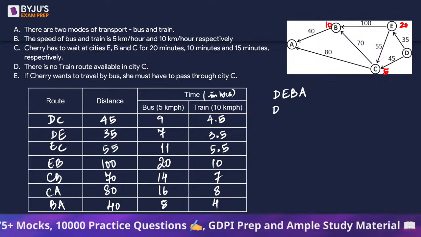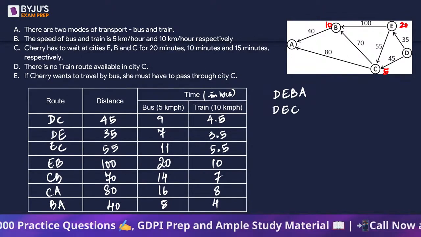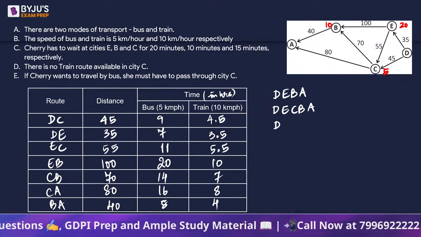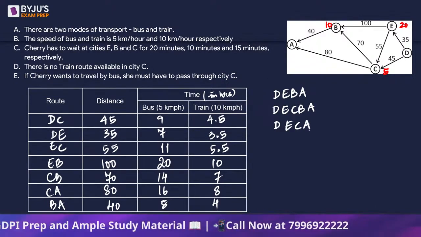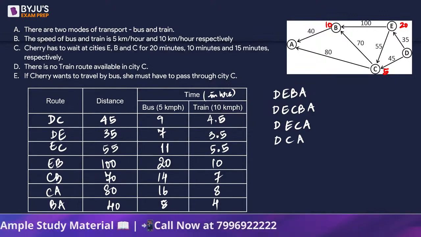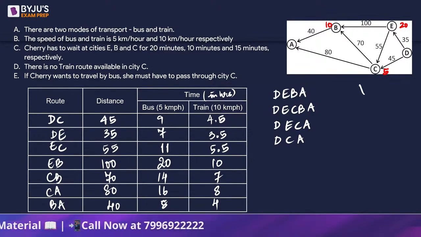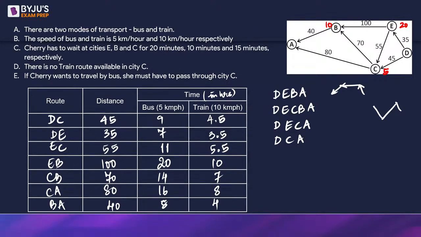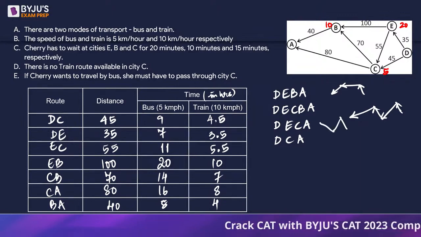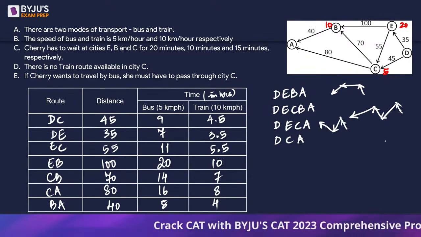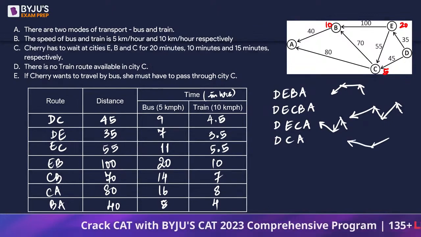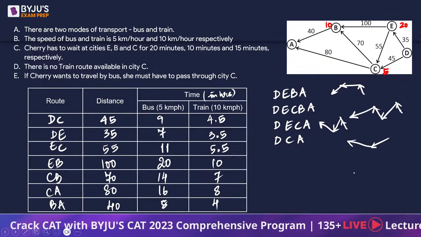The next route is DE, then C, and then B, then A. The next route is then DEC and directly A, and the next route is DCA, right? DEBA is this particular route. DECBA is this particular route. DECA is this particular route, and DCA is the bottommost route. So these are the four routes.